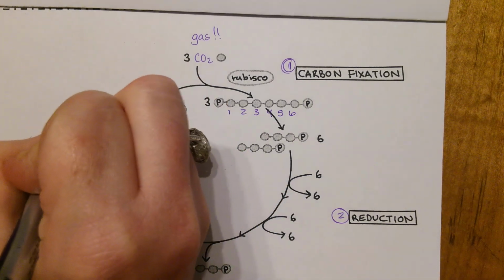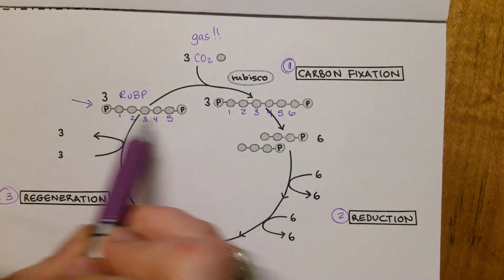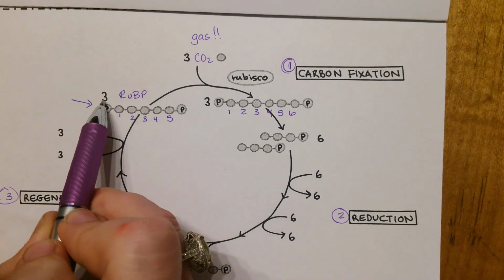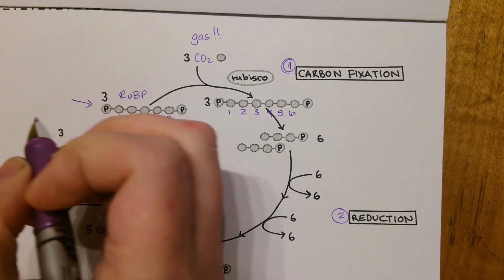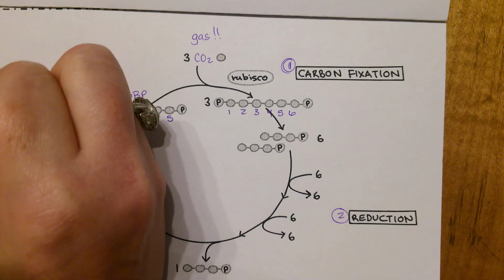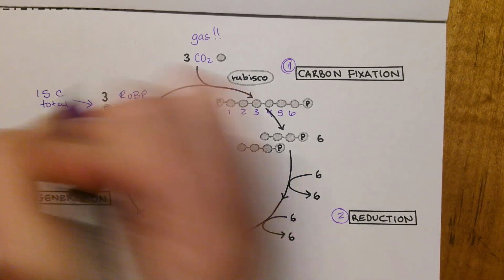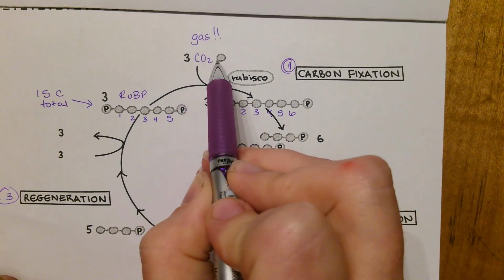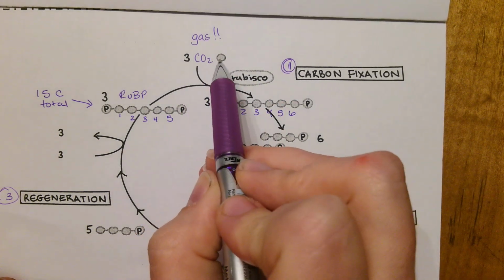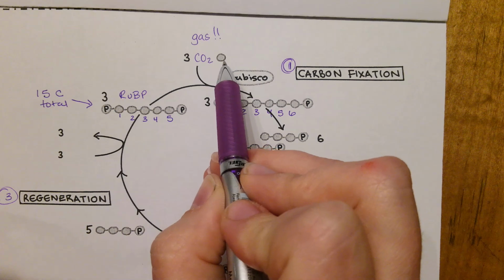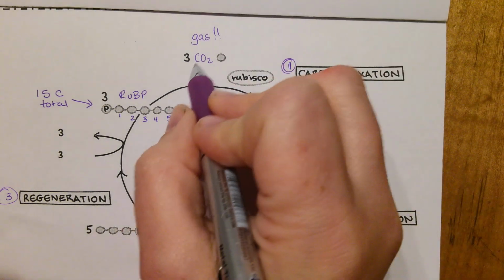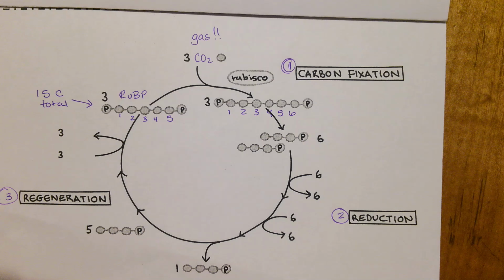If we have 5 carbons on him and we have 3 of them, that means we have how many carbons total? We have 15 carbons total. And then if we have 3 CO2s or 3 carbons here, if we add 3 to 15, what do we get? We get 18, right?